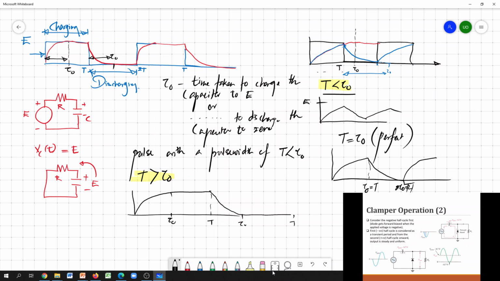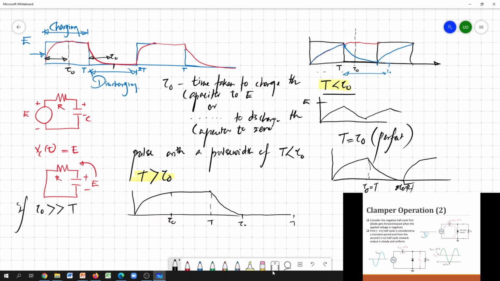If tau naught is greater than this, what happens to the circuit?